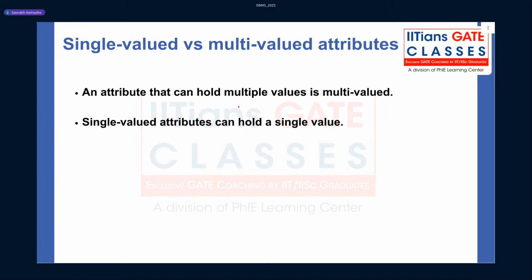So the next classification we have is single valued versus multi valued attributes. Basically, an attribute that holds multiple values is multi-valued, and something that will hold only a single value is a single valued attribute. Can you think of an example for a multi-valued attribute?